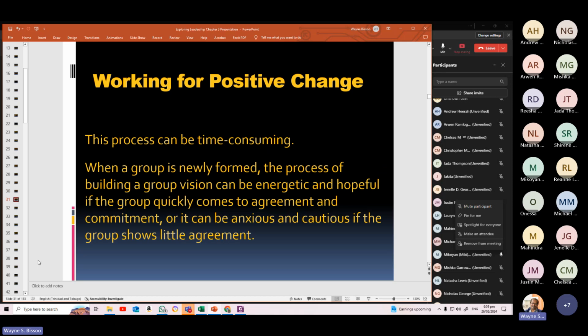The process for making that type of change is, of course, going to be time consuming. There's a group that's going to be looking at the last chapter, leading change, and you're going to do this in a lot more detail. When you make change, a lot of times along the way you're going to lose people, whether by their own choice or by having to cut them, because some people will make the change with you and will gladly come along.